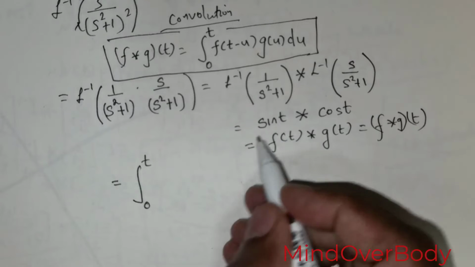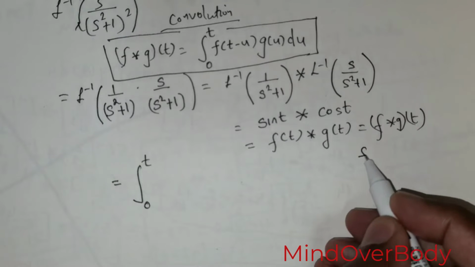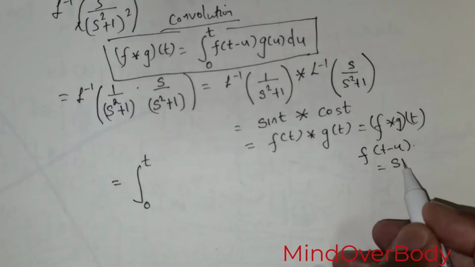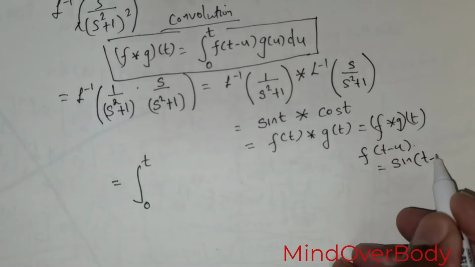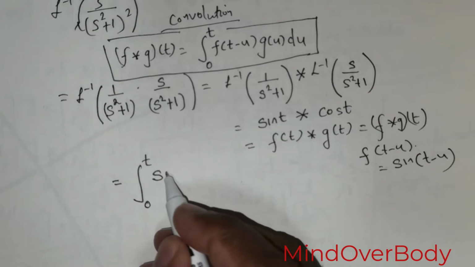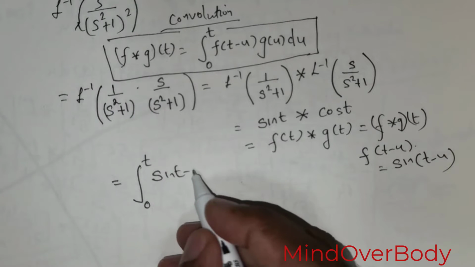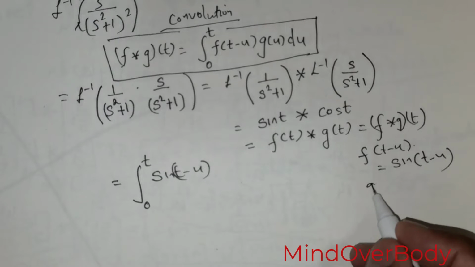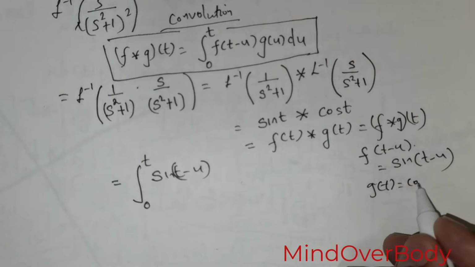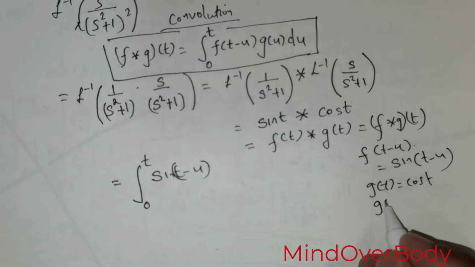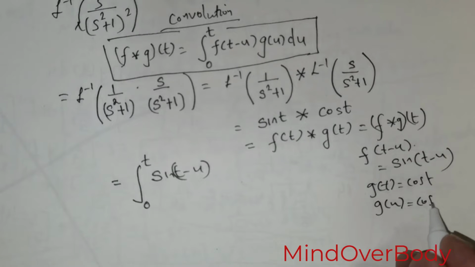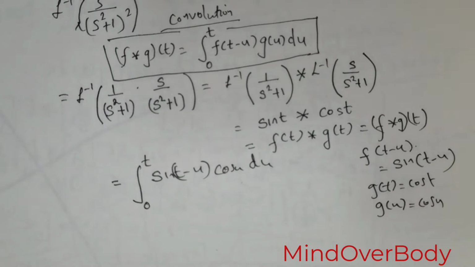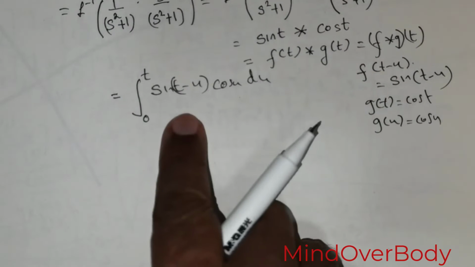My f of t is sine t, so f of t minus u can be rewritten as sine of t minus u, times g of u. My g of t is cos t, so my g of u is going to be cos u. So we can write cos u times du.